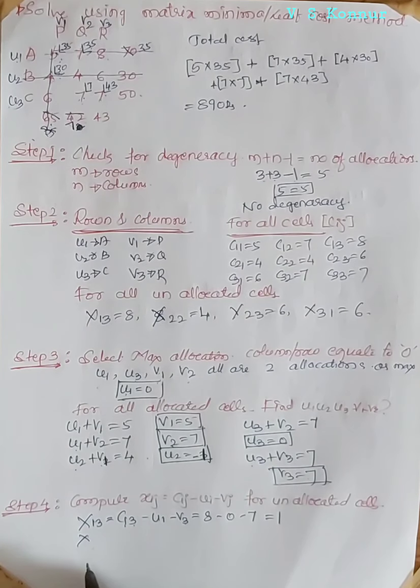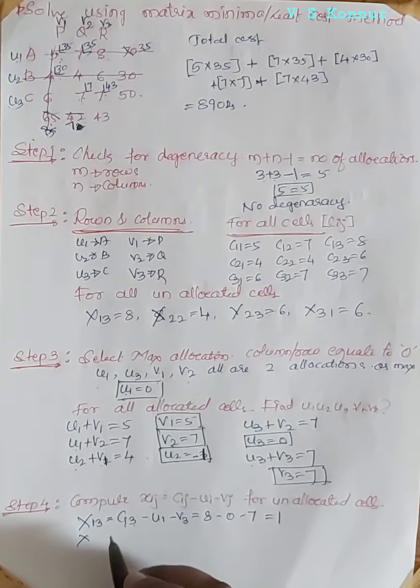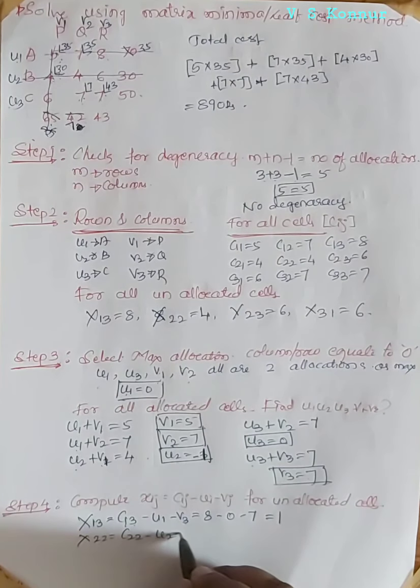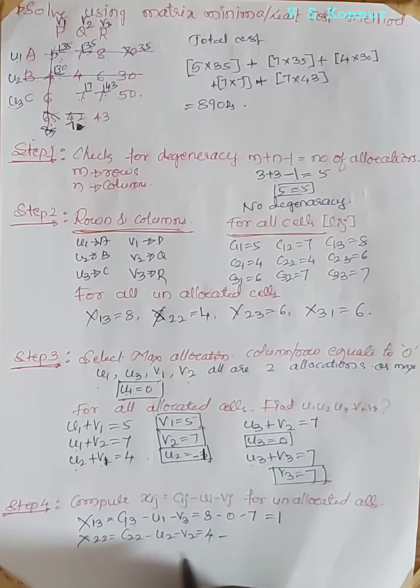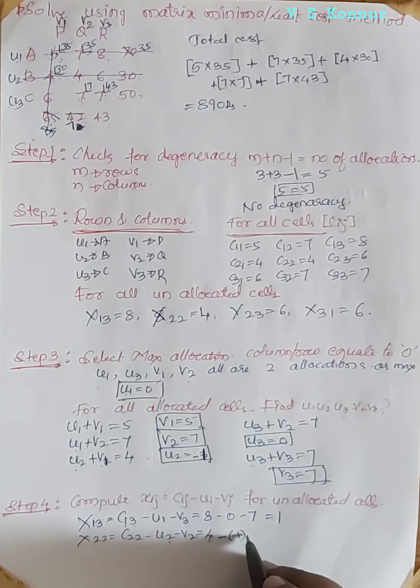Now unallocated cell X22 is equal to C22 minus U2 minus V2. That is C22 is 4, minus U2 which is minus 1, minus V2 which is 7.